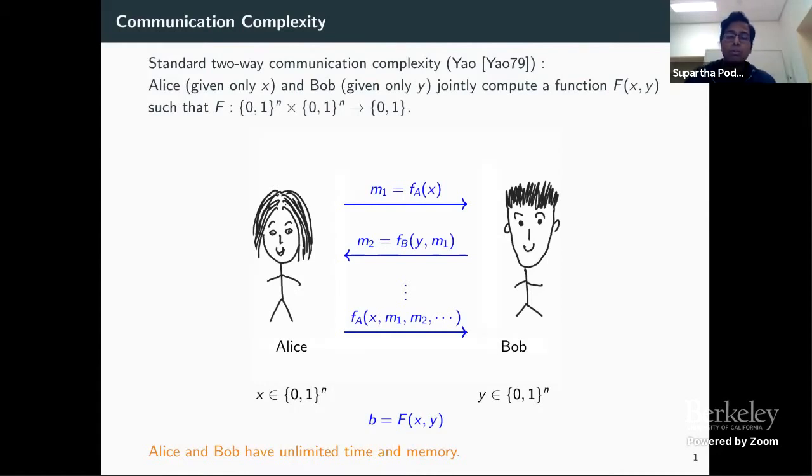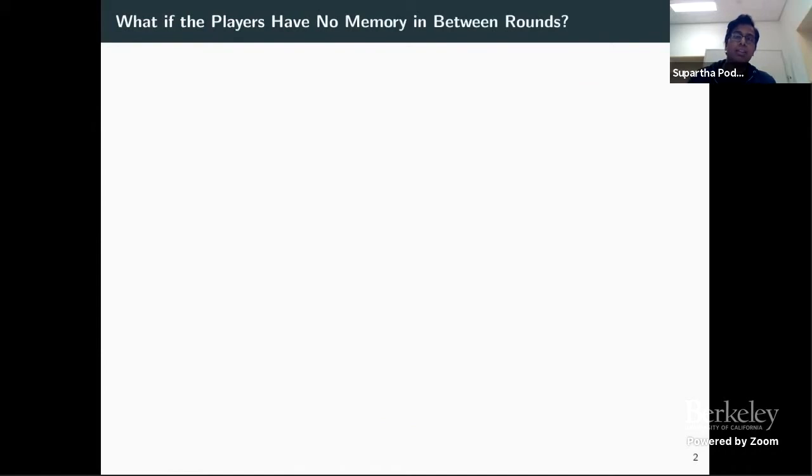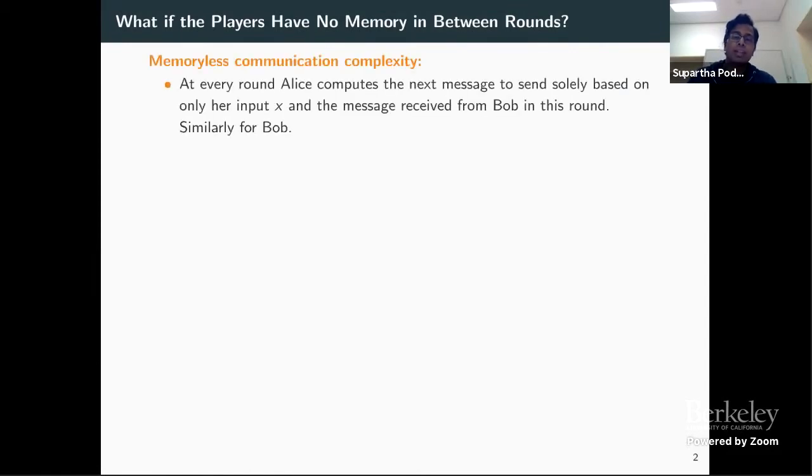Now, note that here Alice and Bob have unlimited time and memory, in the sense that they can compute any function that they want locally, and they also remember all the messages that they have seen previously. So we ask this question: what happens if the players have no memory in between the rounds? Let me elaborate what I mean by that.